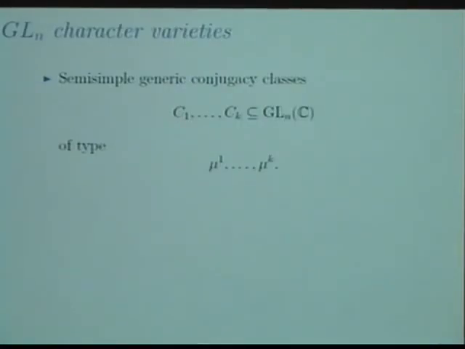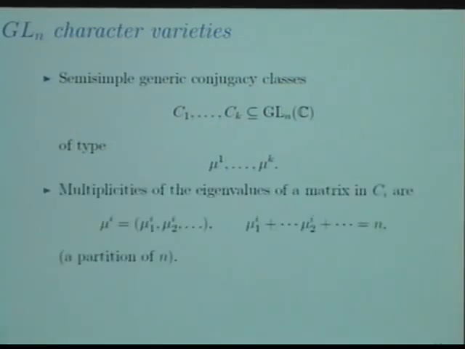All right, so what's the general story that I'm going to narrow in a more specific case of what we are studying in this work. So let's fix C1 through CK generic semi-simple conjugacy classes, of type mu1 up to muk, by which I mean that these are diagonalizable matrices which have certain eigenvalues, and I want to record the multiplicity of those eigenvalues.